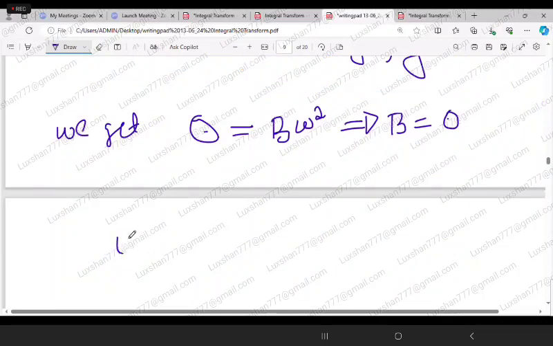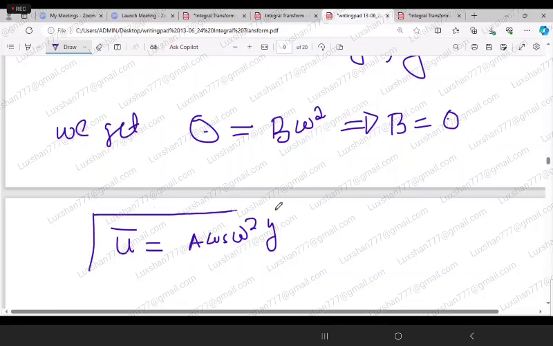Therefore, now we have the solution ū equal to a cos of omega squared, as in equation 1. We have found the value of one constant. Therefore, the solution is now reduced to this one. Now we want to find a.